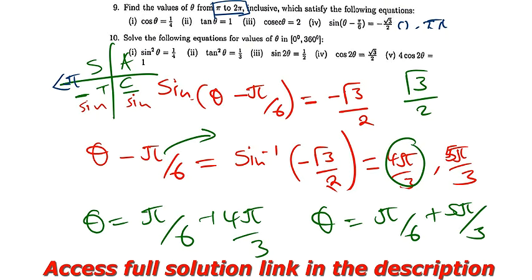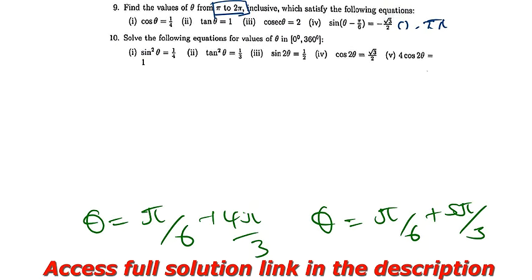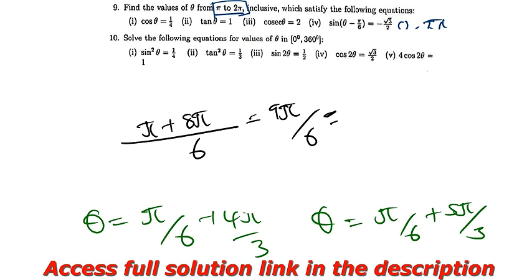At this point you know you've got a common denominator there. So it's 6. So I have pi plus 8 pi, 9 pi over 6, 3 pi over 2.